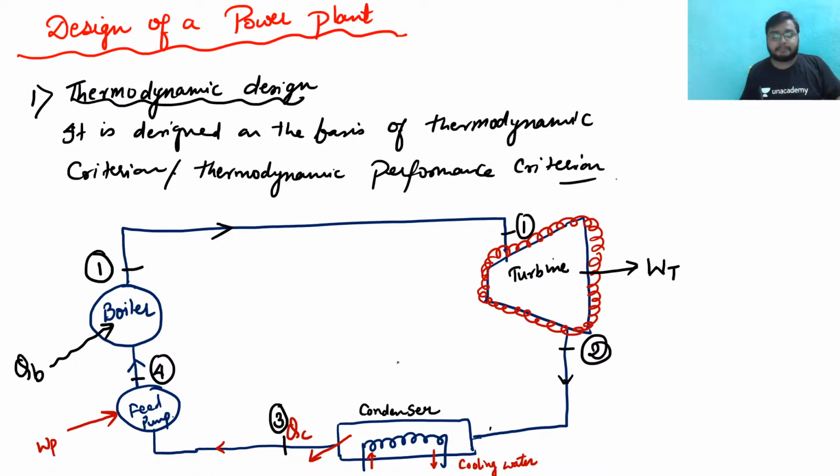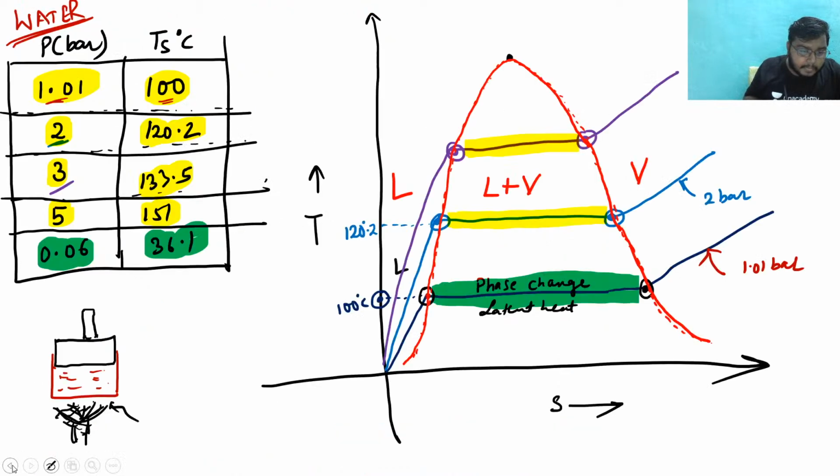Now before going into more details, I would tell you something with this graph. What is happening here? See, here is the liquid phase. Clear? Here is the volume. Here is the vapor phase.